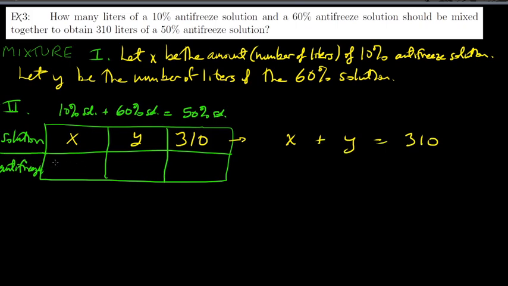For the antifreeze, we have 10%, 0.10x, that's pure antifreeze. And then for 60%, we have 0.60 times y. And in the third column, we have 50%, so 0.5 times 310 is, I think, 165.